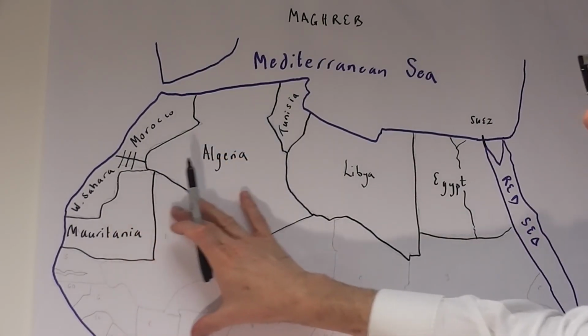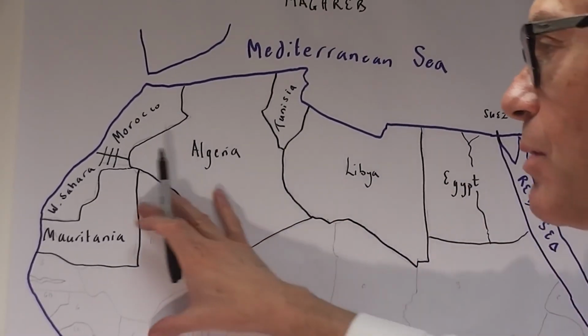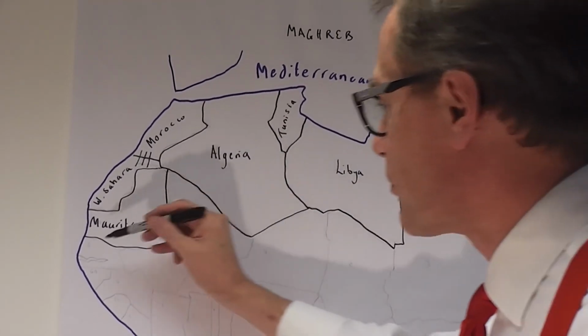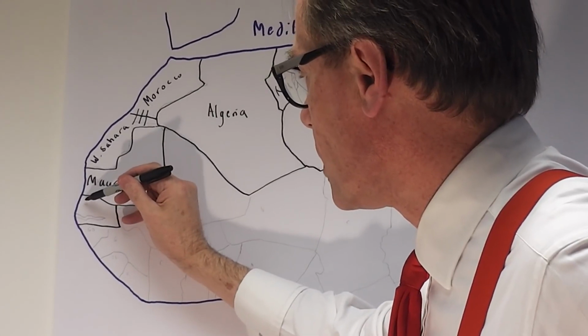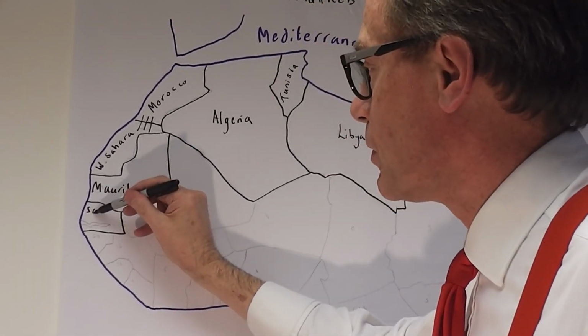Now we come to the group of countries on the southern edge of the Sahara Desert, and because they're also largely desert, they tend to have quite large areas. Starting on the west coast, here is Senegal.